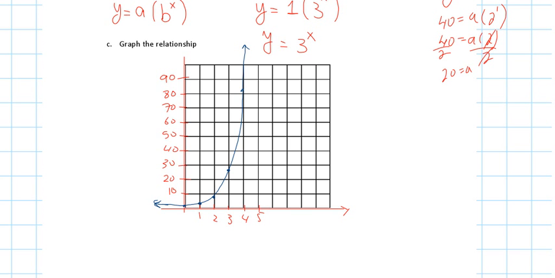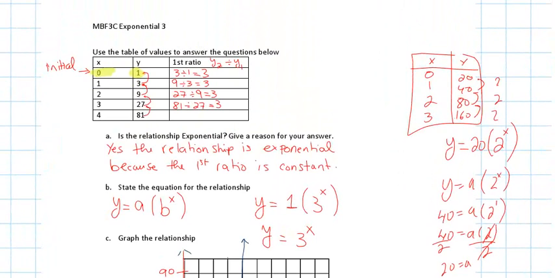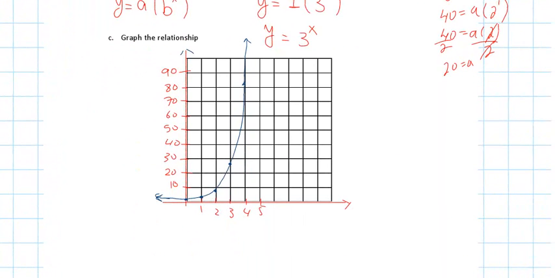And what should I put on my x and y axis? Do I have any values for x and y? No, it doesn't say, so I just put x and y. I put x here and I put y here because they did not give me any labels for my x and y. If they gave me labels for x and y, so let's say x is the number of folds, y is the number of layers, then I have to include the title on my graph.